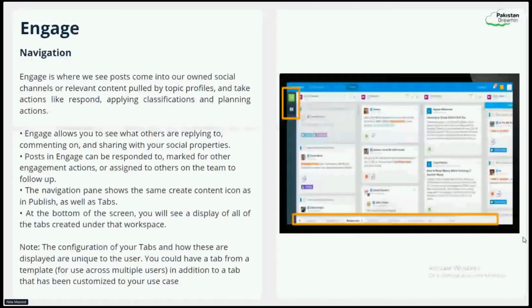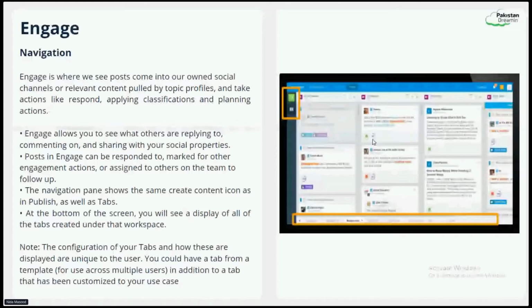Each column can be a different topic profile, that is keywords getting all the feed into it, or different social accounts. It's where you can see your social sentiments, how they are going, the responses on each post, and how people are reacting to it.